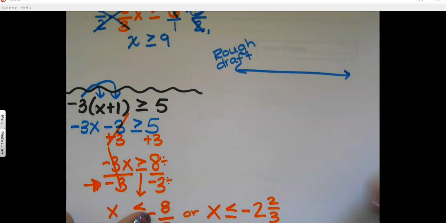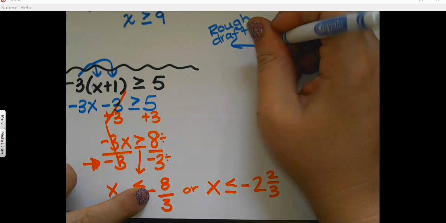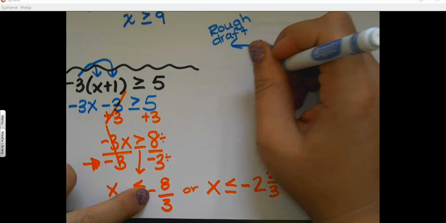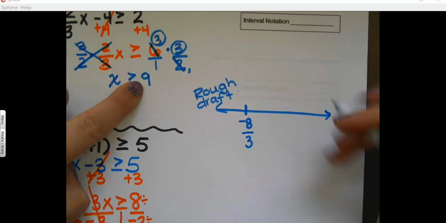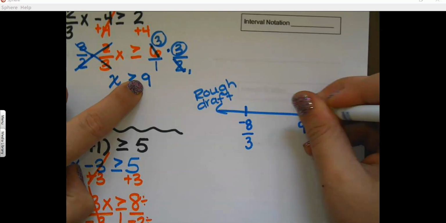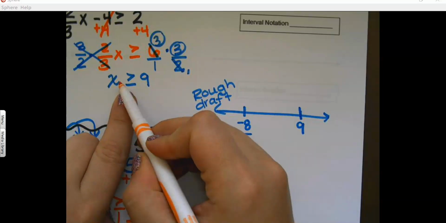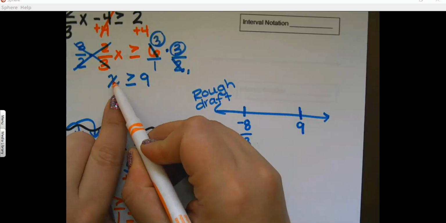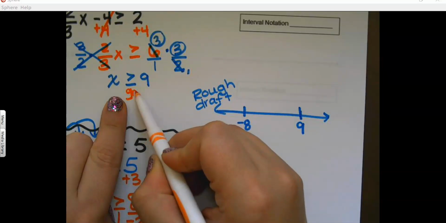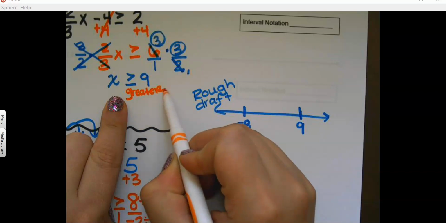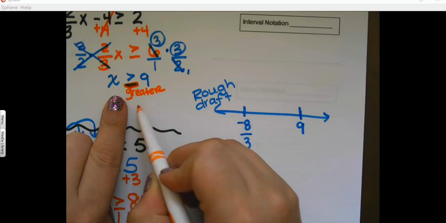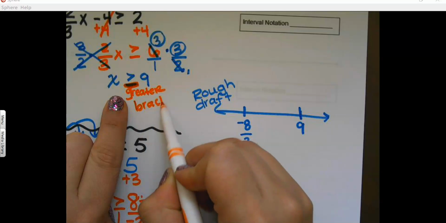So the first thing I'm going to do is I'm going to start with the negative 8/3 because it's smaller. The smaller number goes on the left side, and then the greater number is going to go over here on the right side. And then I'm going to graph this. This says shade all the numbers that are greater than or equal to. So because it has this line underneath, I'm going to use a bracket.